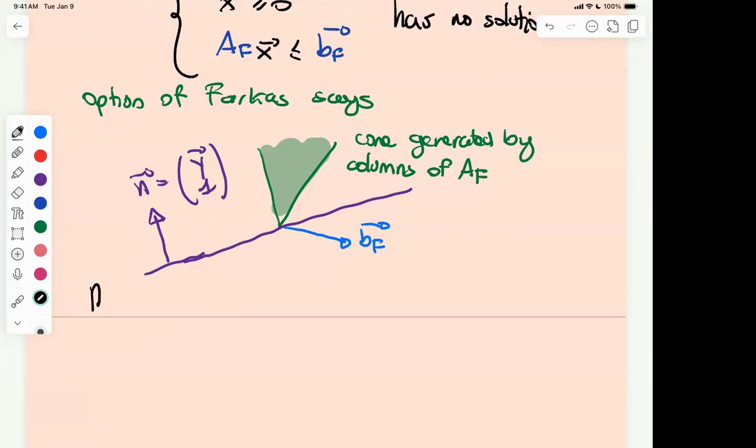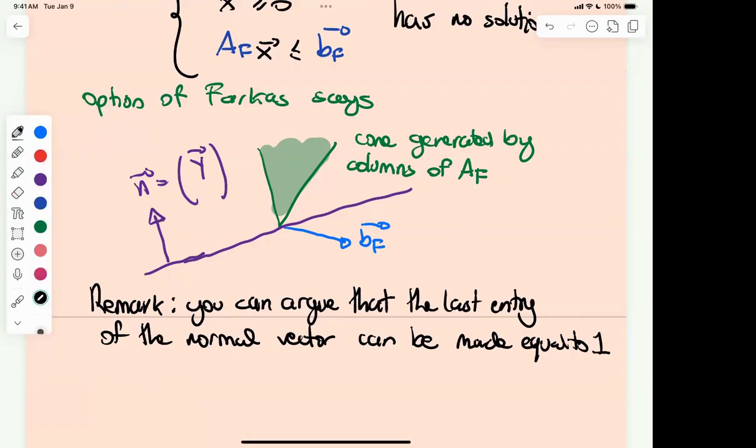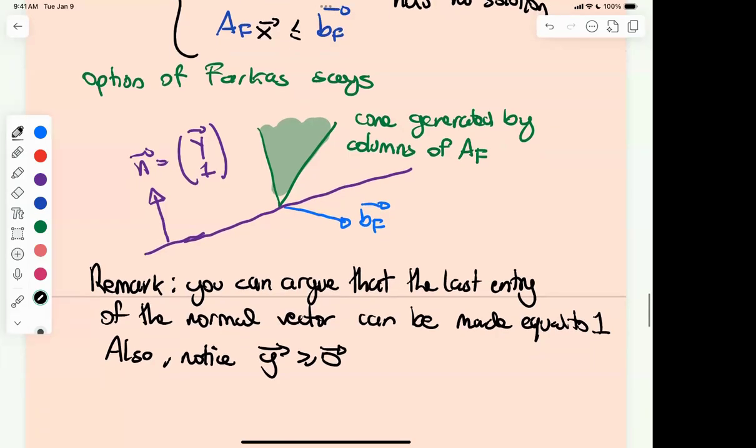And recall that y is greater or equal to 0, because we are in this inequality version of the lemma.